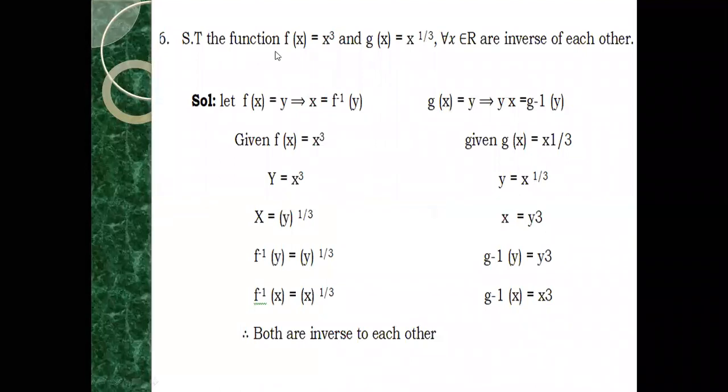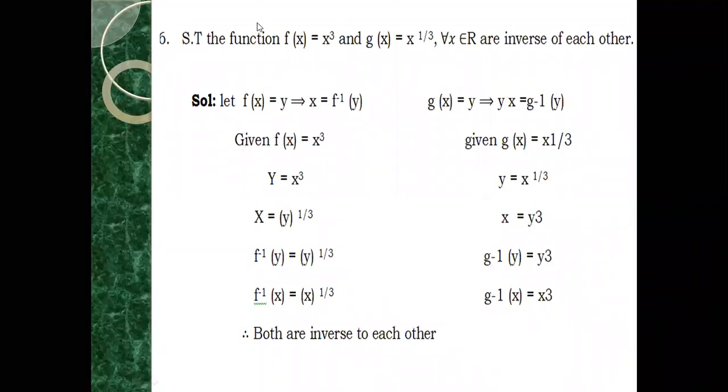Show that the function f of x is equal to x cube and g of x is equal to x power 1 by 3 for all x belongs to R are inverse of each other.